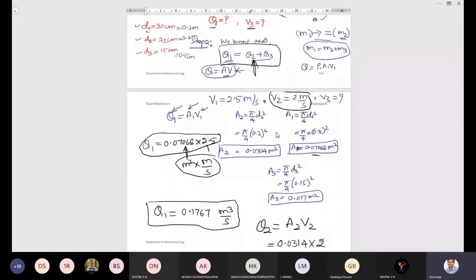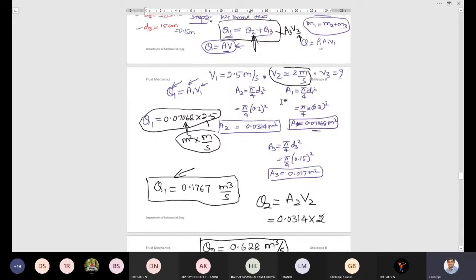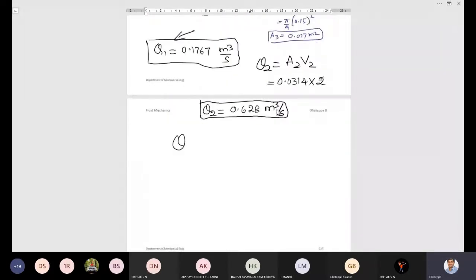Similarly, Q3 depends on A3 and V3, but V3 we don't know. That we need to calculate. Q1 you have calculated, Q2 also you have calculated, Q3 is unknown because V3 is unknown. So you can calculate V3. Substitute Q1 is equal to Q2 plus Q3. What is the Q1 value? 0.1767.